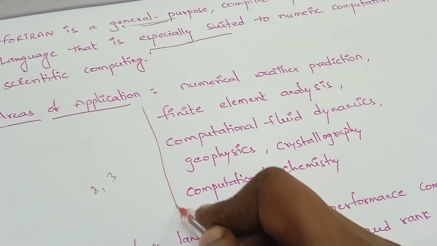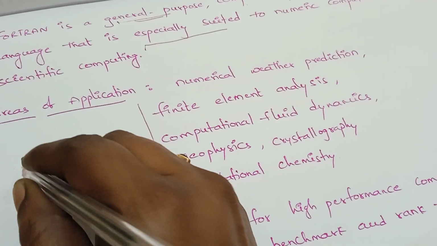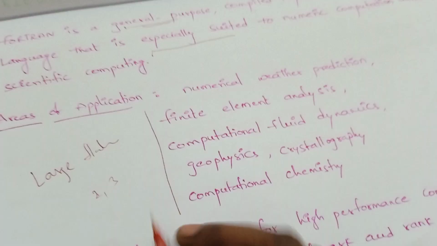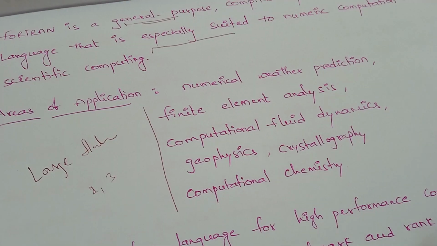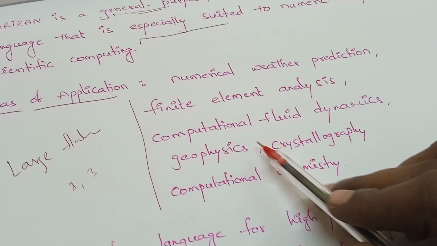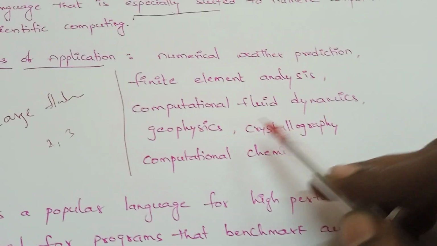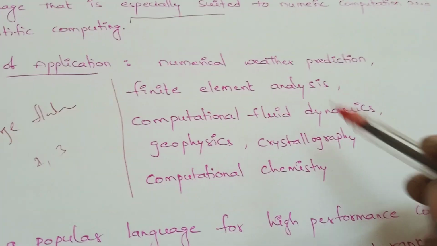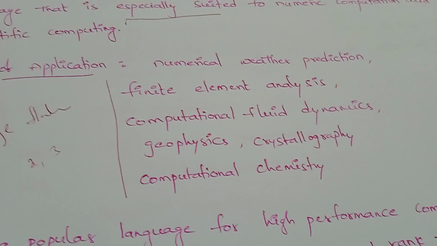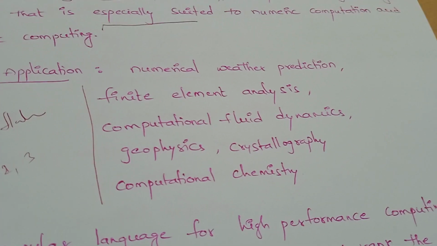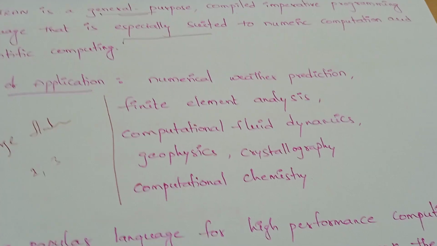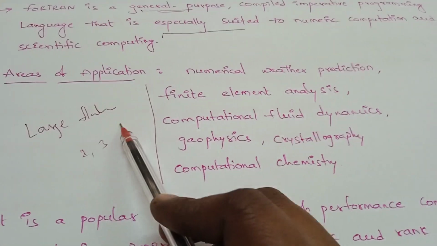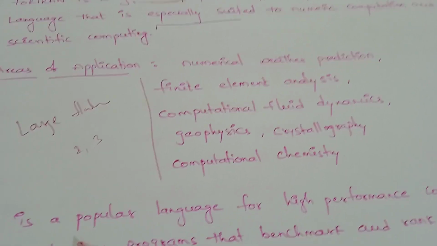FORTRAN is the language where the data is large floating point representation. Finite element analysis, computational fluid dynamics, geophysics, crystallography, computational chemistry: all these applications take huge data, or else need a data representation, and that representation is large floating point representation.